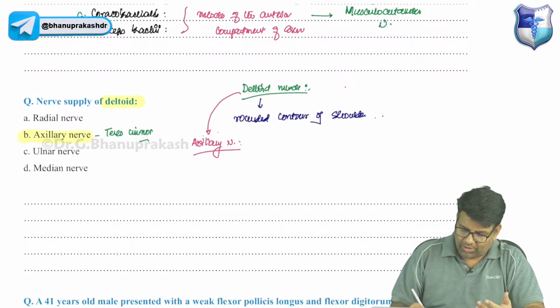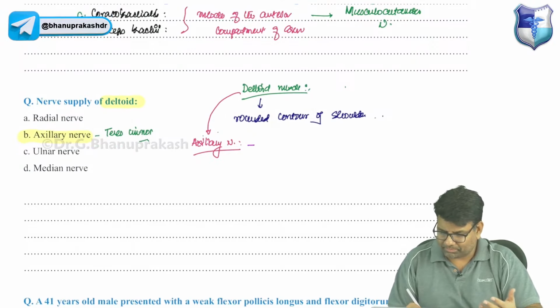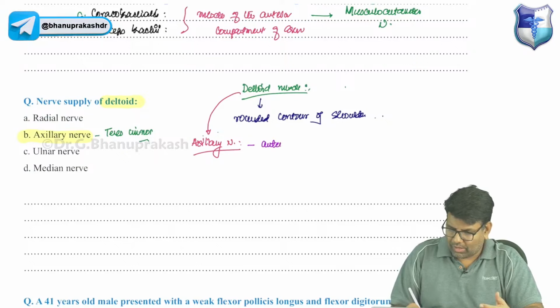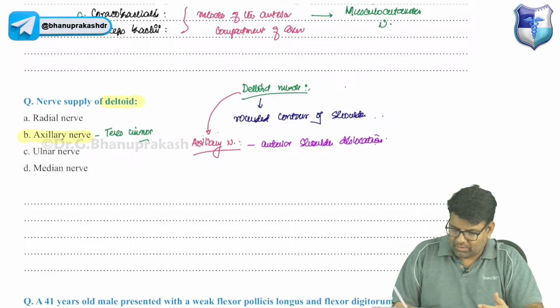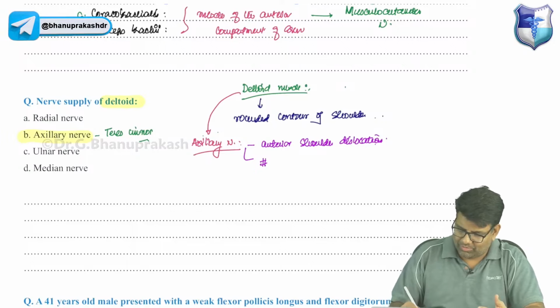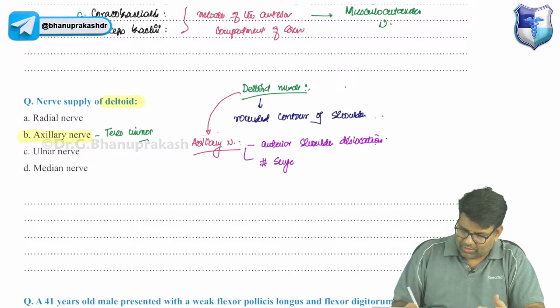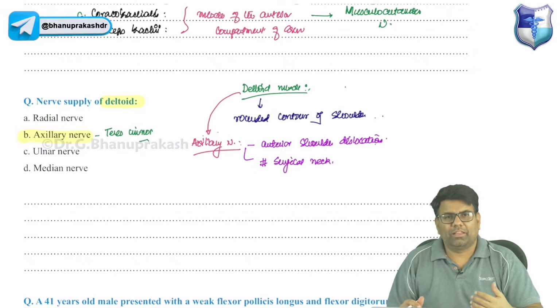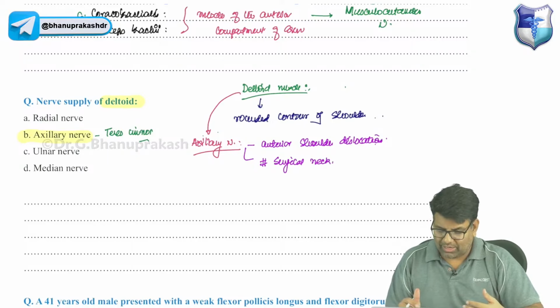One is, as we have already discussed, very good, anterior shoulder dislocation, and there is one fracture. Any idea what fracture? Yes, perfect, certainly, Raghu, very good. That is fracture of the surgical neck. So these are two possibilities when there can be injury to the axillary nerve.